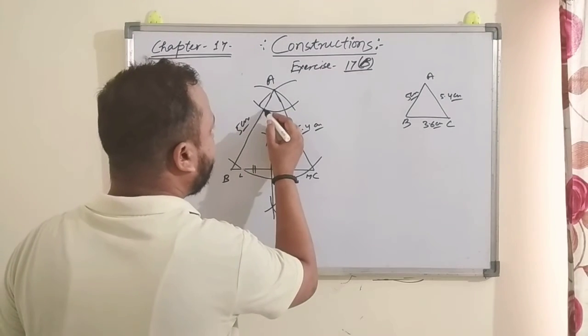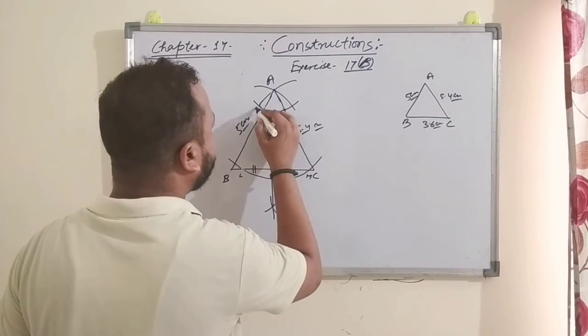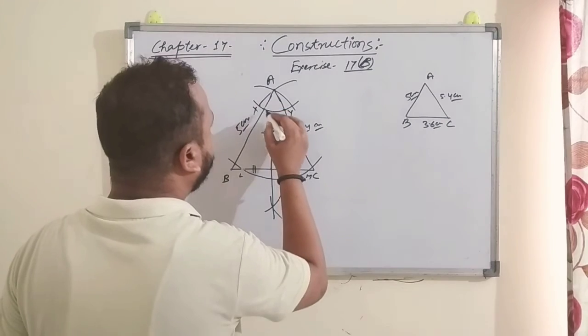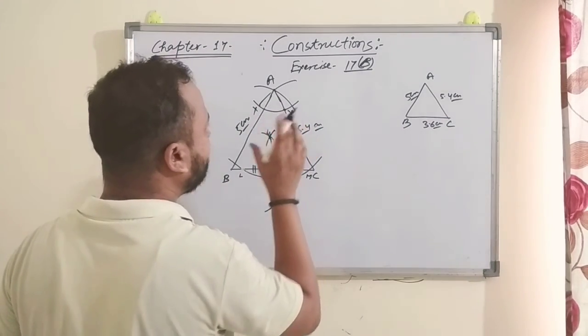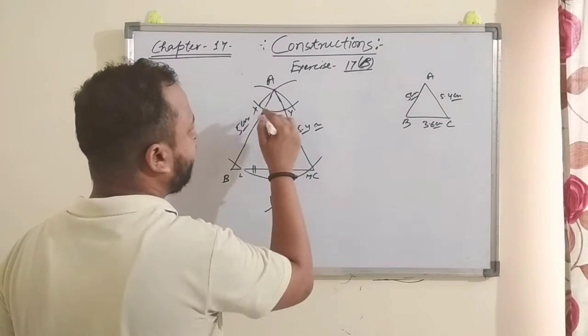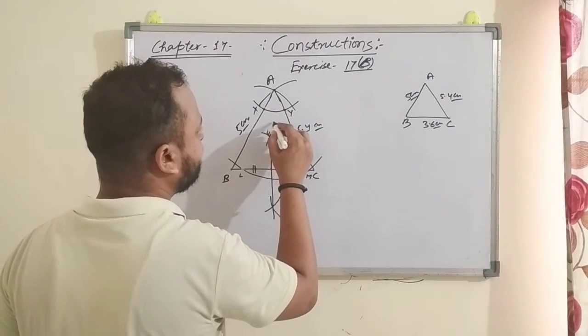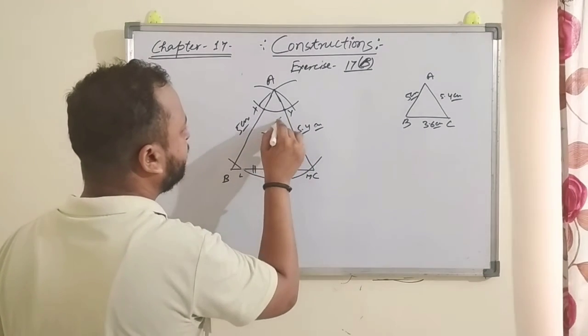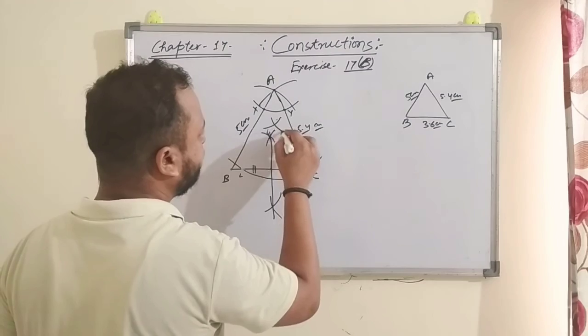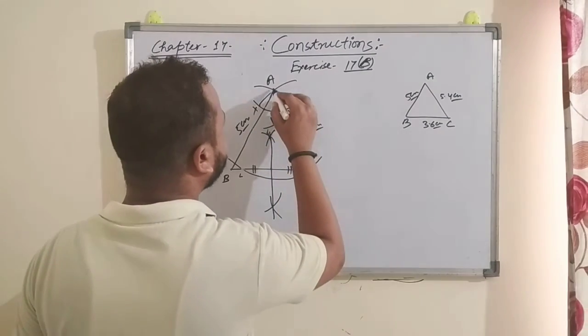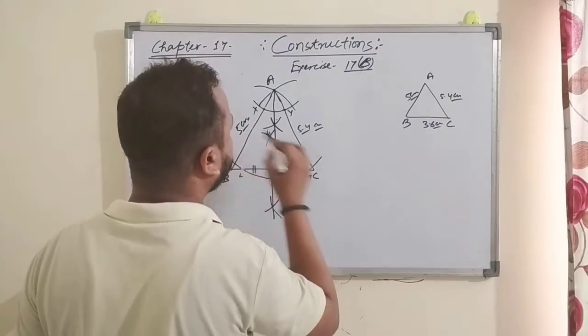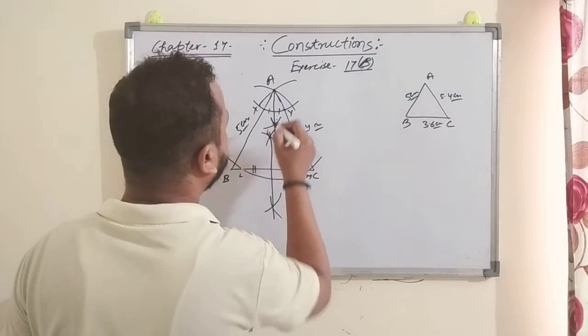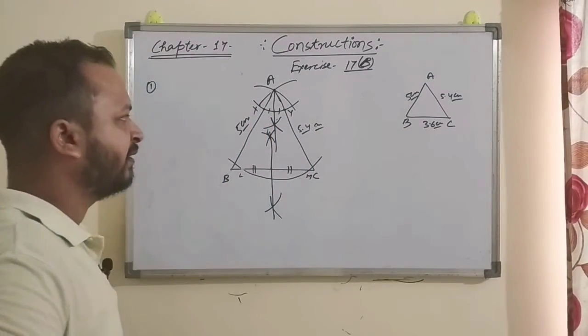Now take these 2 points, suppose they are X and Y. Take X and Y as a center. That particular radius what you have taken from X, just draw an arc, right? So here you will draw, from here you will draw. So this way just join them. So this is the angle bisector, right?